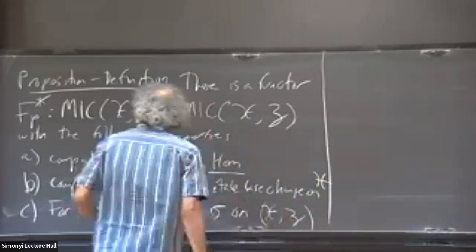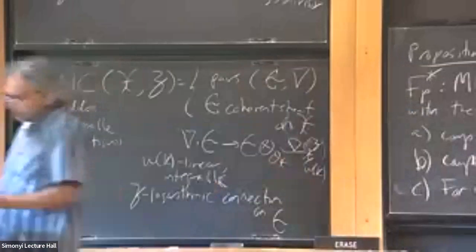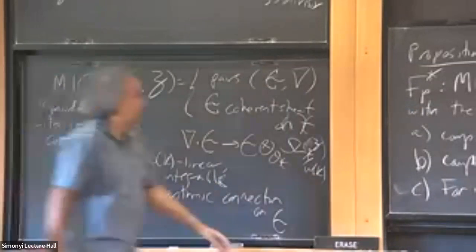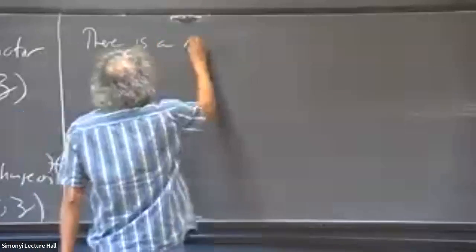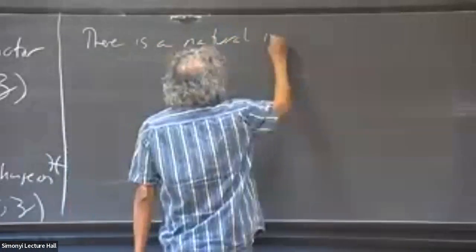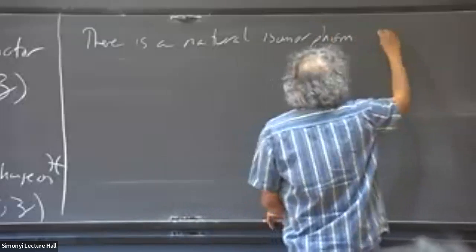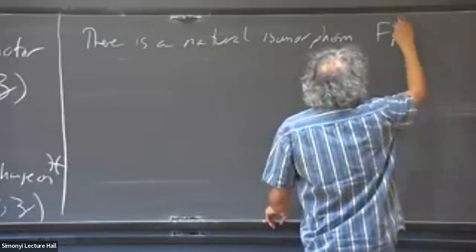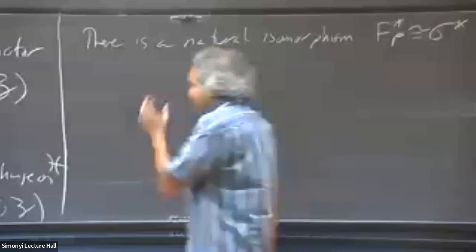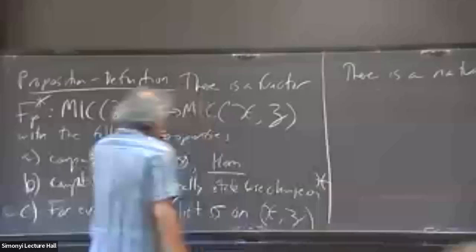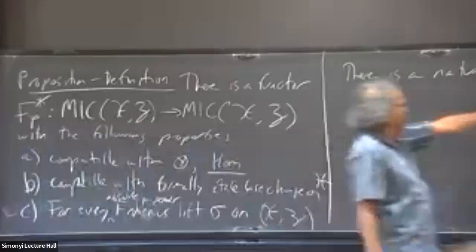I need that to be able to work with the log differentials. So there's a natural isomorphism of this thing with the actual pullback by this thing.